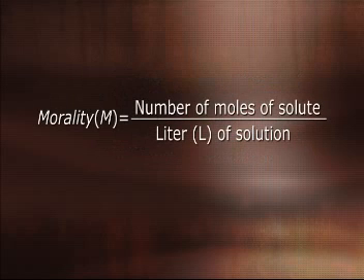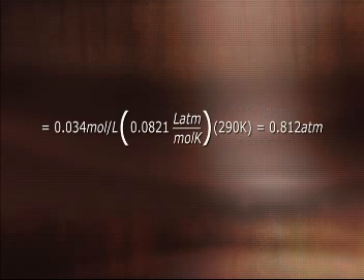First, we can use the information we have to calculate the molarity of the solution. The molarity of our solution is 0.034 moles per liter. We can then use the molarity in the equation we learned earlier in this lesson.